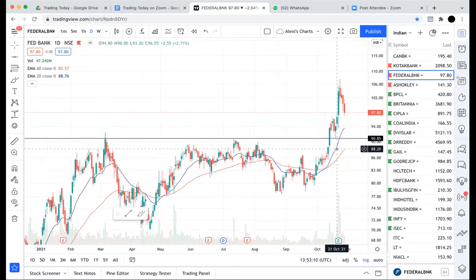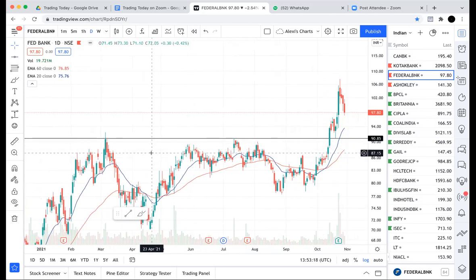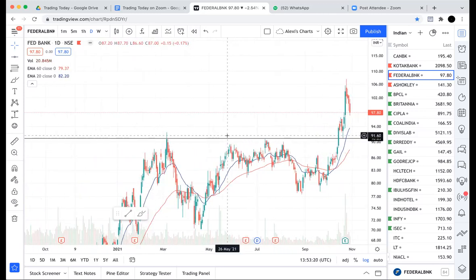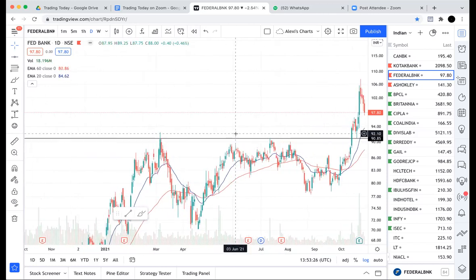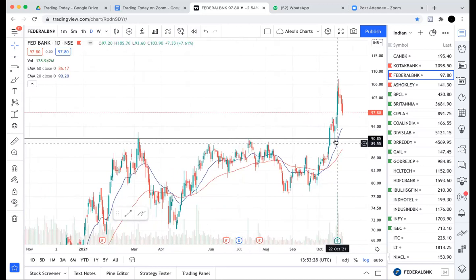Now what you want to do is look at the frequency. There's one place, 1, 2, 3, 4, 5 different places already where this acted as resistance. Here it acted as support, but then all these places it acted as resistance. Now again, you might be thinking, where do you exactly place it?